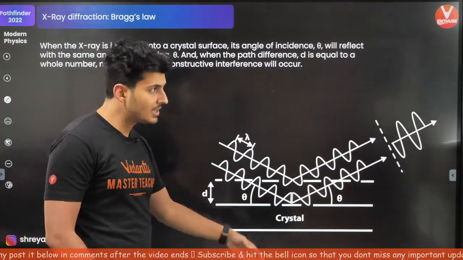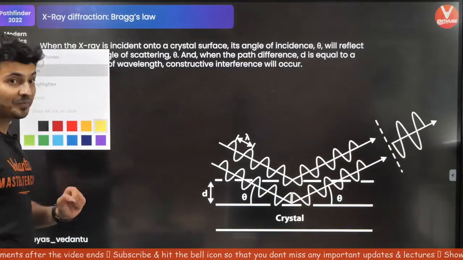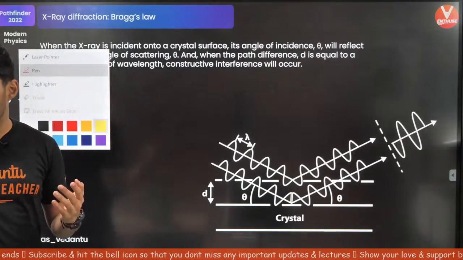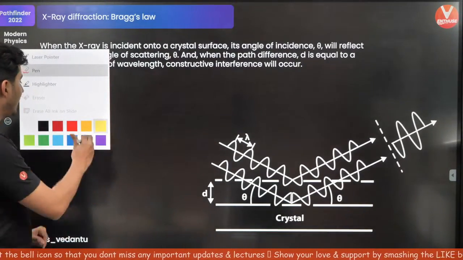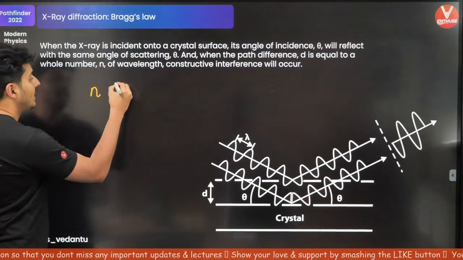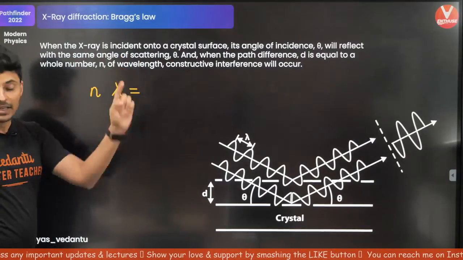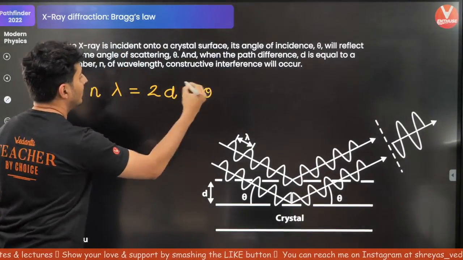molecules or atoms. Then the formula which is given by Bragg to find out what kind of interference occurs is given by n lambda is equal to 2d sine theta.